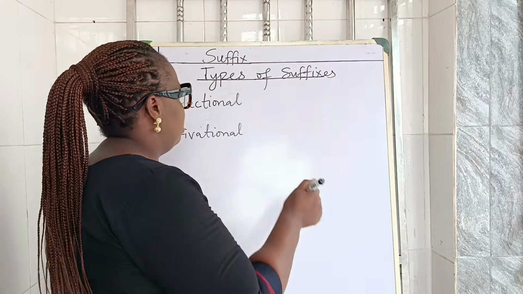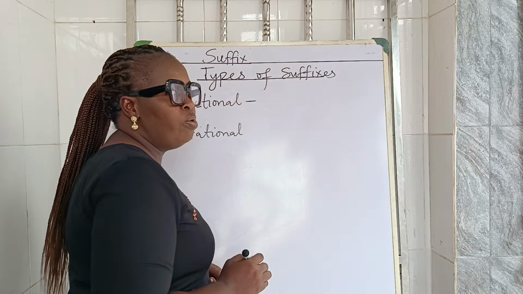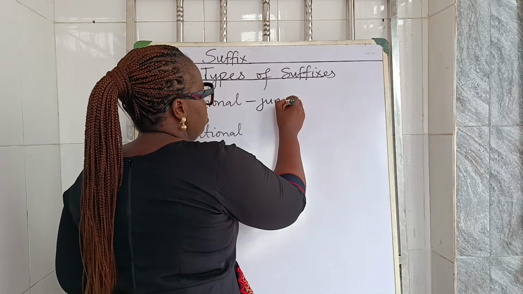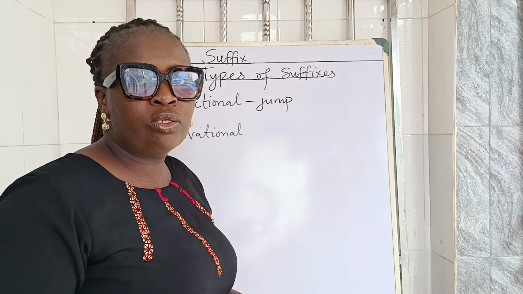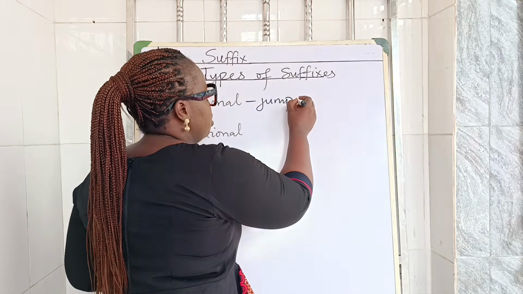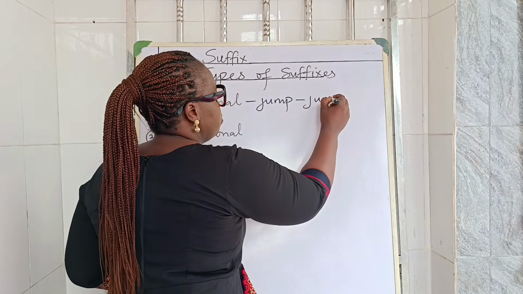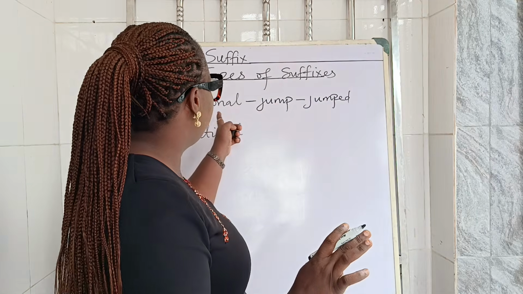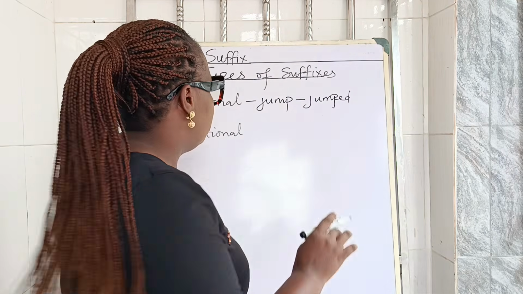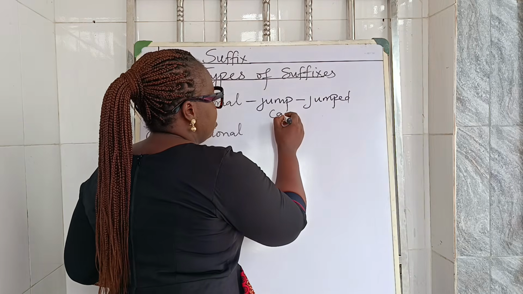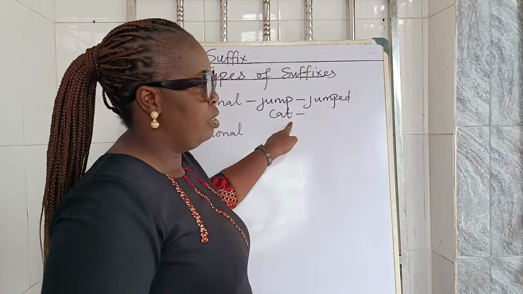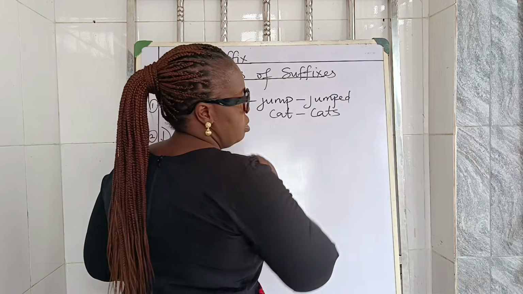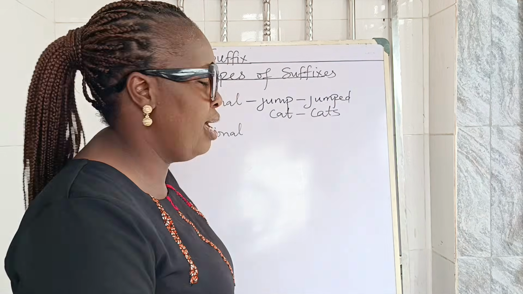An example is, if I want to change jump, if I'm adding my suffix, it has changed the tense to what? Jumped. Right? Then when we talk about number under it, we have a cat. One cat. And it has changed the number to cats. More than one cat.